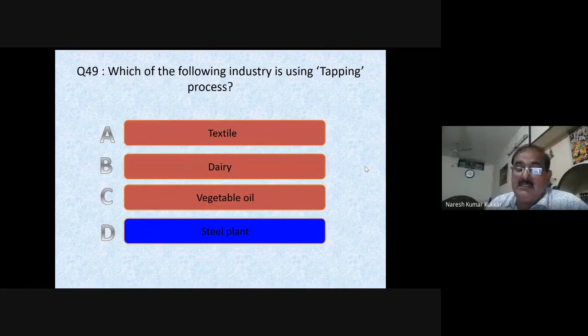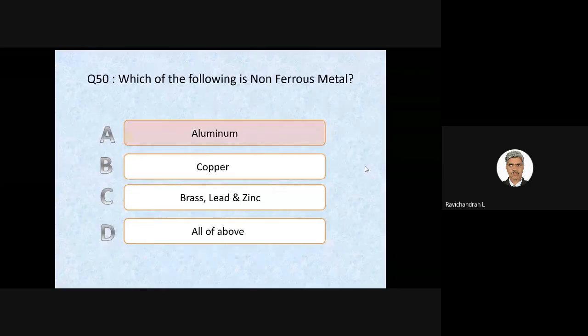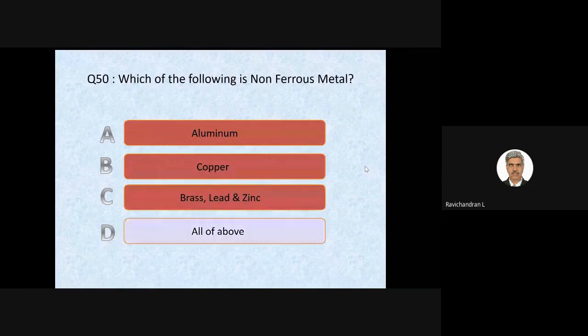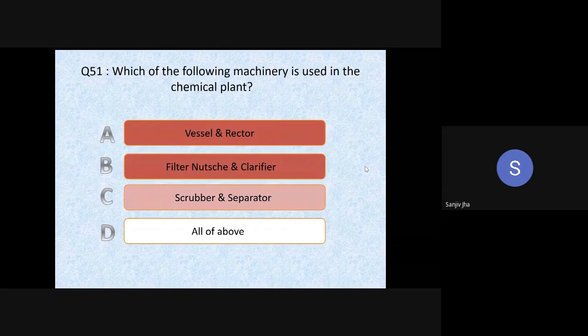Yes, blast furnace. D. All of the above. A. D. All of the above.